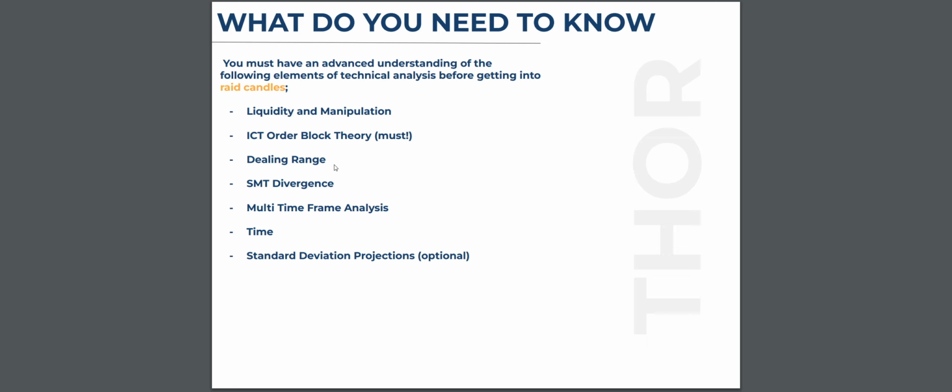Dealing ranges, you guys are already aware of these things. SMT divergence, multi-time frame analysis, very important if you want to be a day trader. It's not necessary for scalping purposes, but if you want to catch the whole move for the New York session or London session, multi-time frame analysis is a must for this topic.